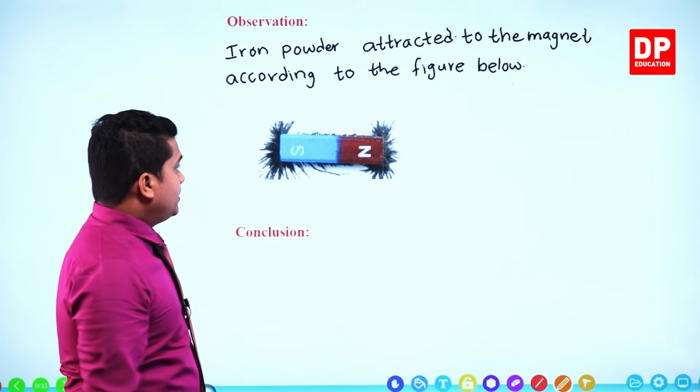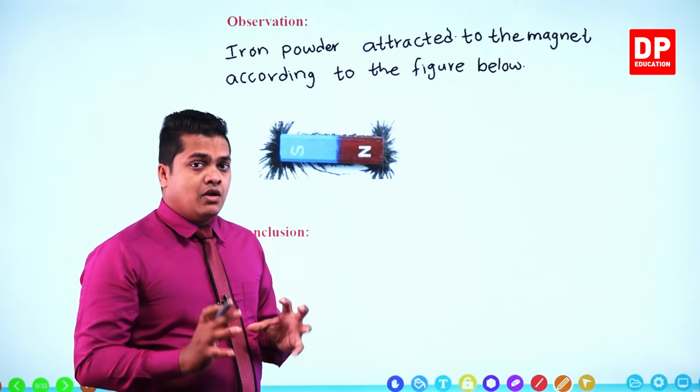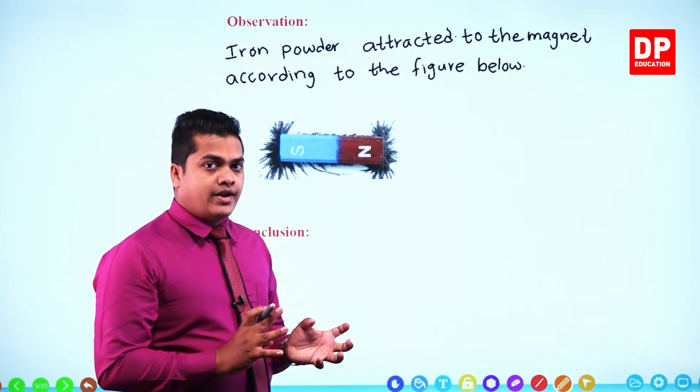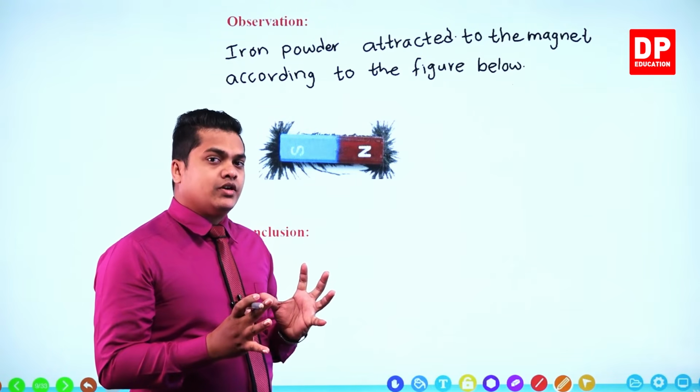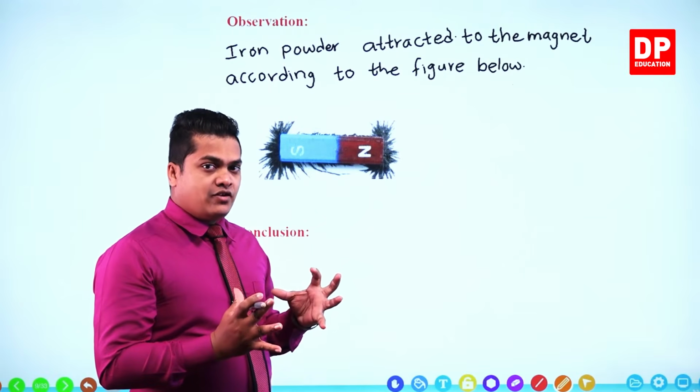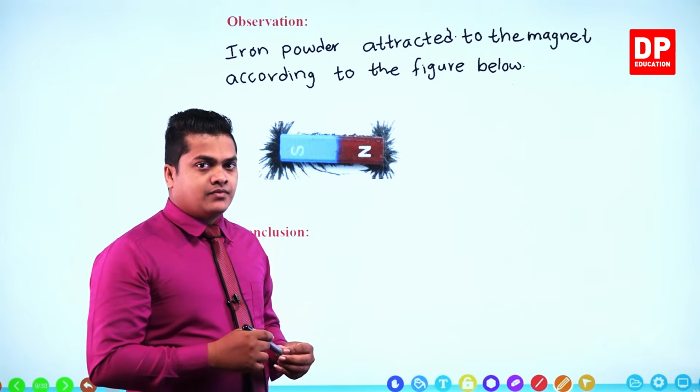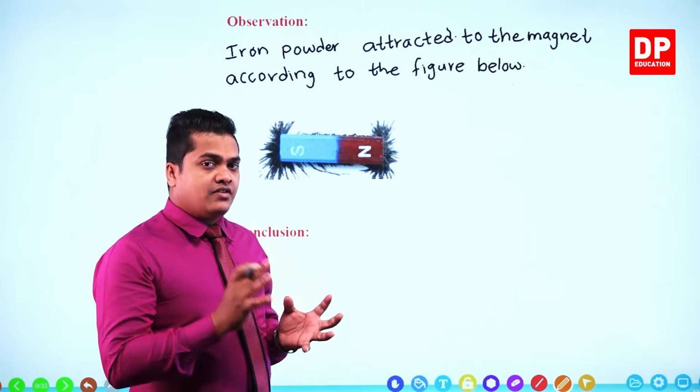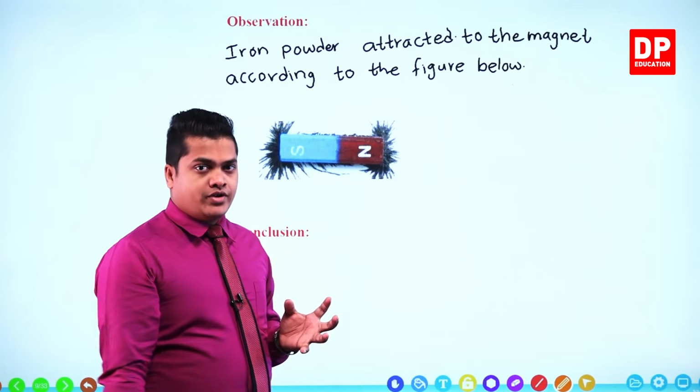We could observe more iron powder at either side of the bar magnet. At either side of the bar magnet, we could observe a larger amount of iron powder.